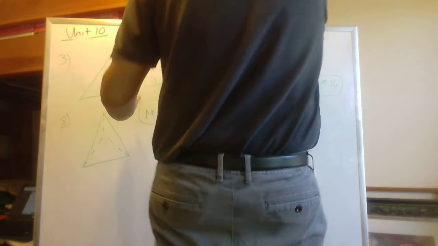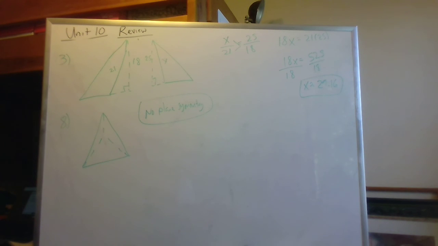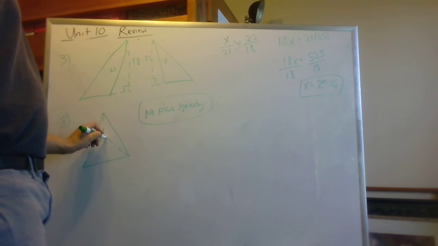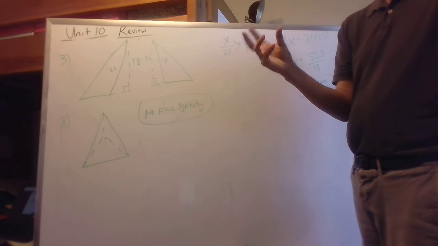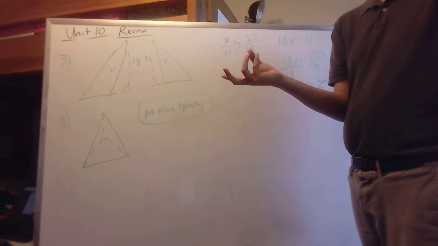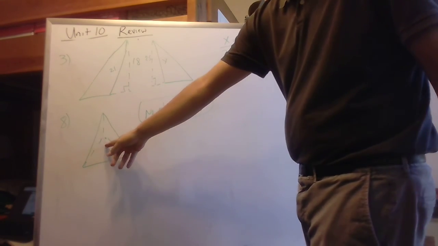And then it asks if we have axis symmetry, meaning if I was to put a point in the very center and I was to rotate it 90 degrees, would it be the same figure as it is when it's stationary?